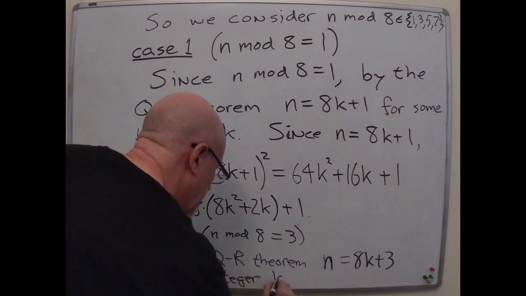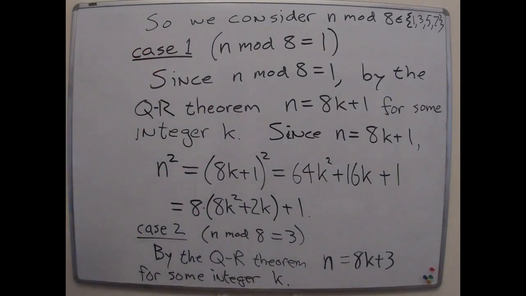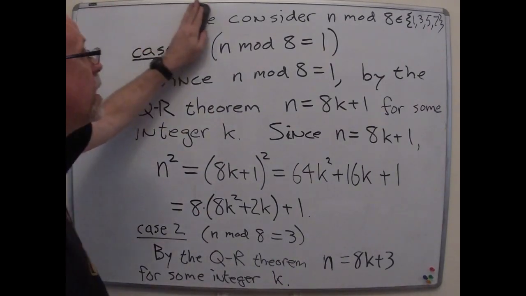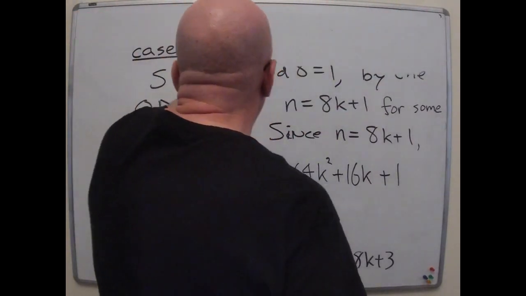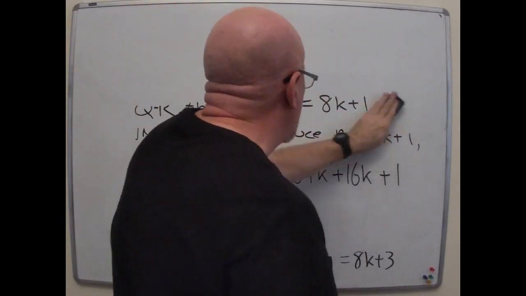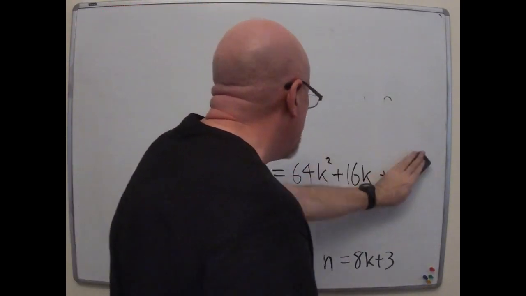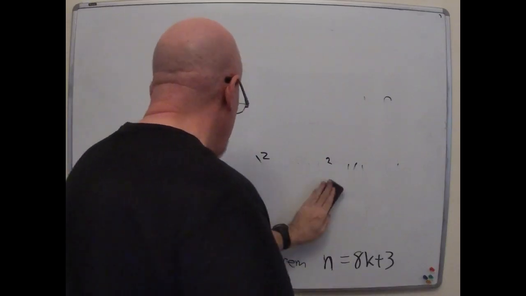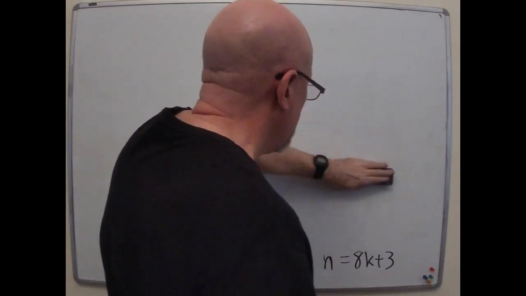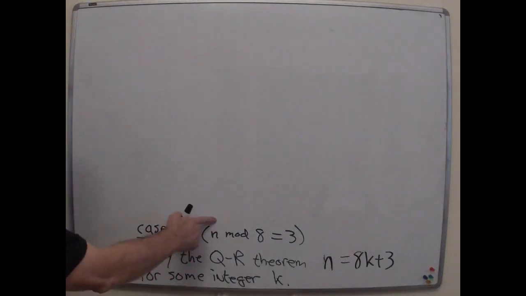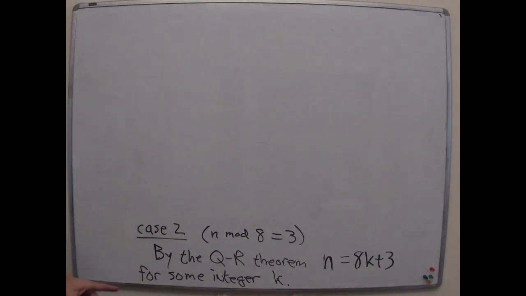All right, so I didn't finish my sentence. n is equal to 8k plus 3. Just getting rid of everything but the start of the case that we did. Where do we go from there?